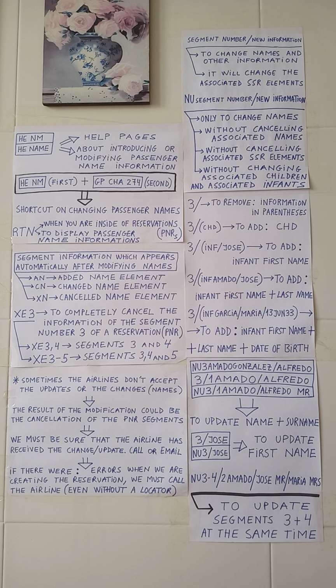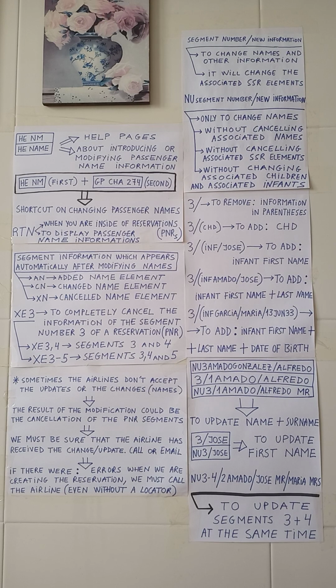This form can be used for both name changes and modifications of other information within a reservation, which is also called PNR. This way of making modifications will also change SSR type elements that are associated with the main information that has been modified.